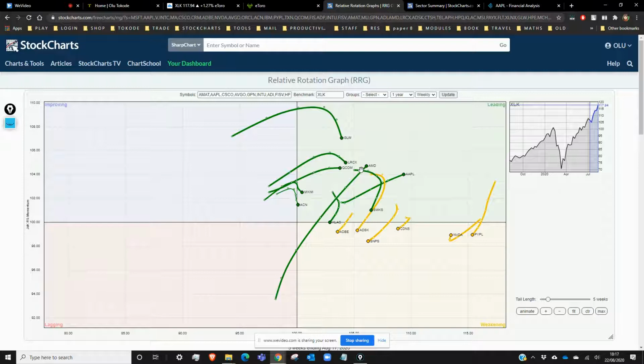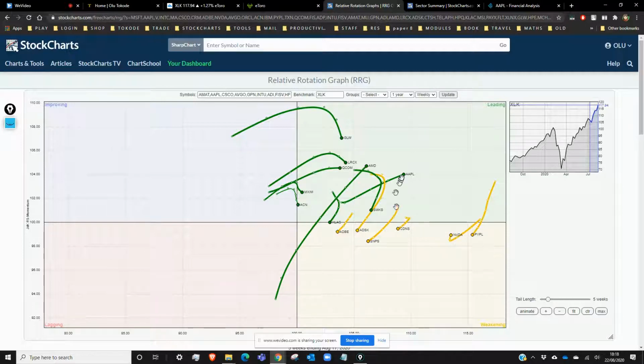Now I have stocks from the leading quadrant and the weakening quadrant. So I need to find a way to eliminate some stocks. Now I see PayPal and Nvidia have the highest relative strength. So I'll keep those two.